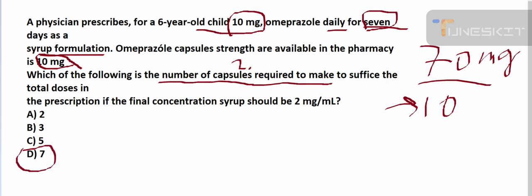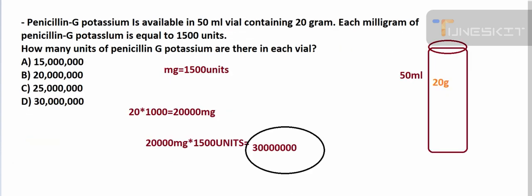There is another and last calculation of this session. Penicillin G, it is a very important calculation. Penicillin G potassium is available in a 50 ml vial. This vial contains 20 grams of penicillin G potassium in 50 ml. Each mg of penicillin G potassium is equal to 1500 units. We will convert 20 grams into mg.